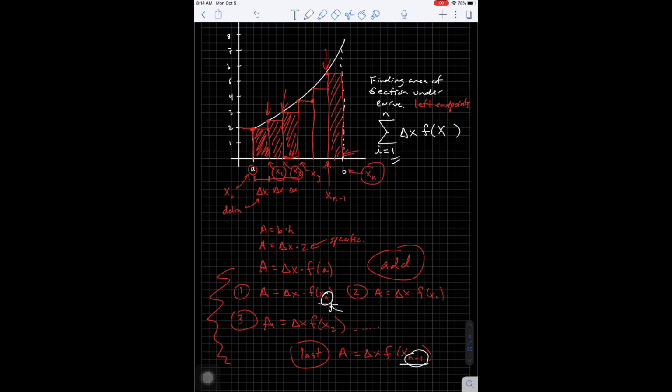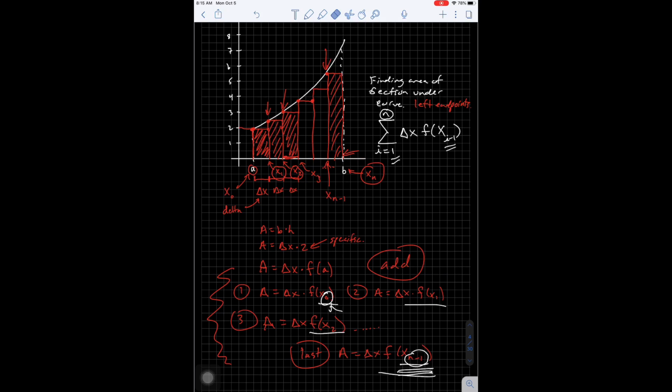Because the first one needs to be f of x sub 0. Well, 0 is 1 less than 1. So maybe I'm going to take this and minus 1 from it. Let's see if that works here. If my last one's supposed to be n minus 1 and I plug in n at the end, yeah, that's going to be n minus 1. So I'm almost like guessing at that index and then plugging in my 1 and n and seeing if it works with what I think it should be down here.